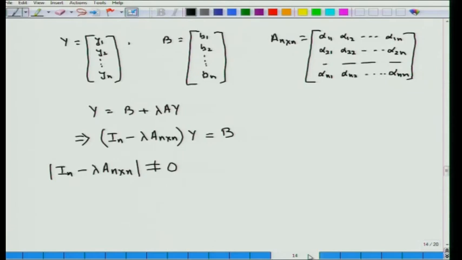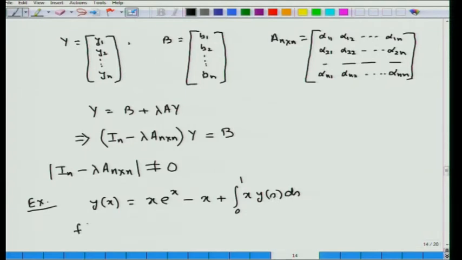Here we consider an example we can solve by this method. This is a very simple example: y(x) = x e^x - x + integral from 0 to 1 of x y(s) ds. Just for your understanding, f(x) is as usual x e^x - x.